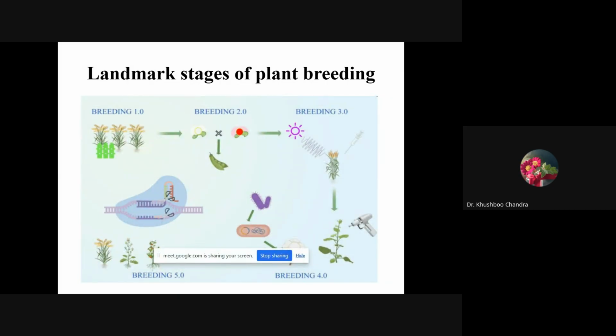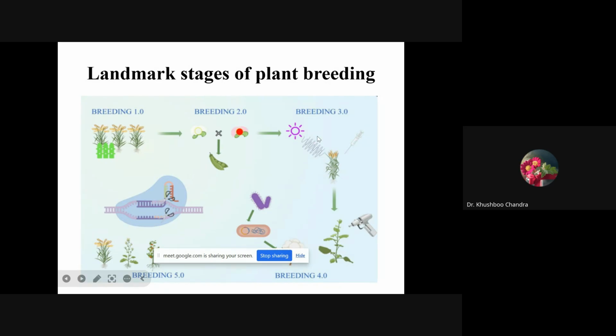Here we can see in this diagram how earlier we used to select in natural conditions, in conventional breeding. Then we gained knowledge of genes and alleles. Then we know these are the parents P1, P2, and we make the F1 and see how the genes segregate.